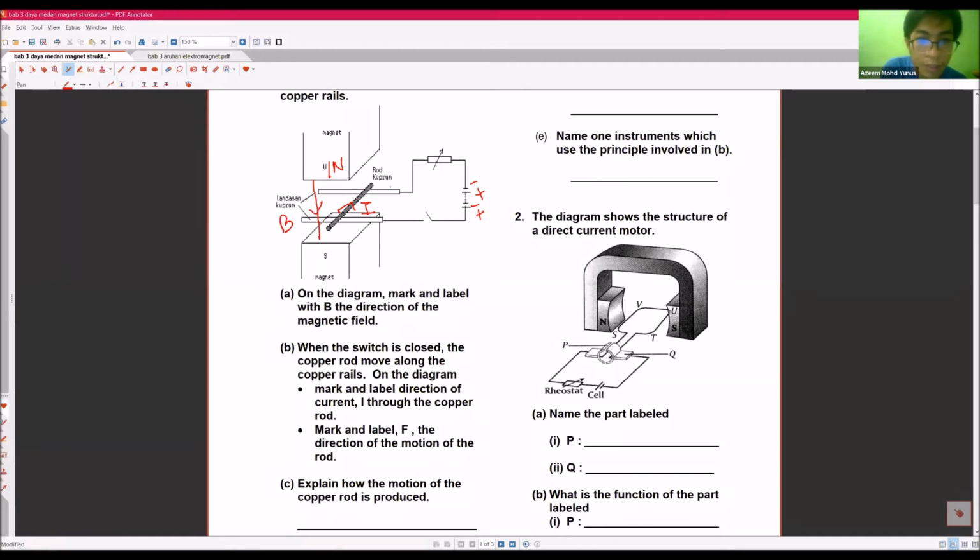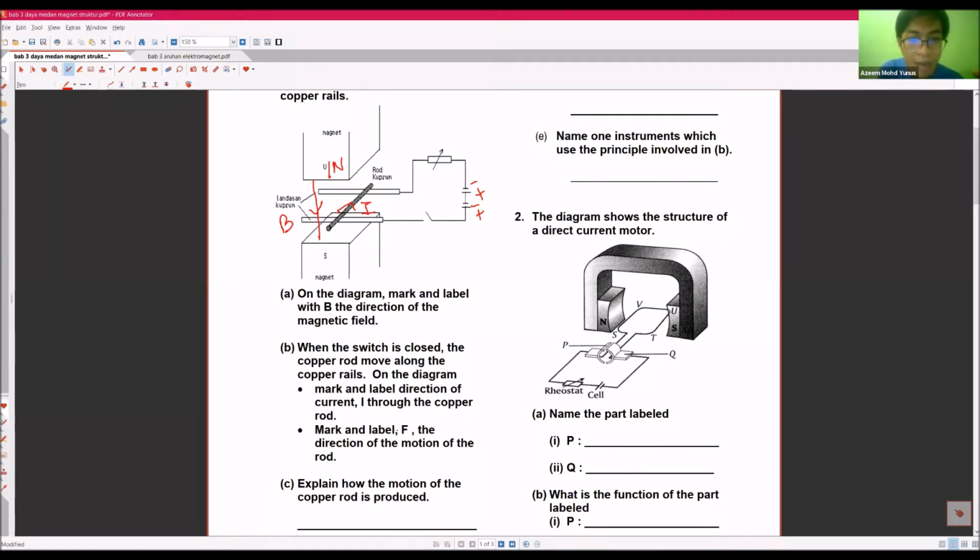The conductor is connected to the battery. So the copper rod, the electrical conductor, when they touch, current can flow from the copper rails to the copper rod. So the direction of current is into the page, away from our eye, and the current will flow back through the copper rails and return to the negative.